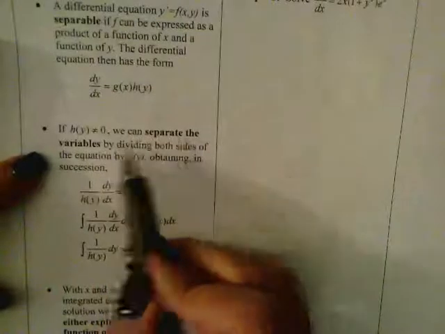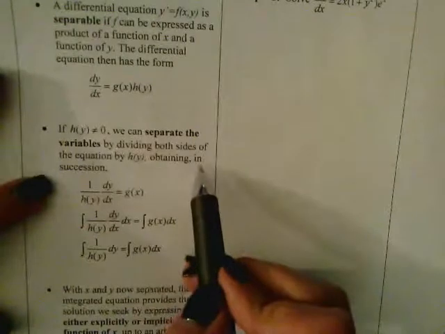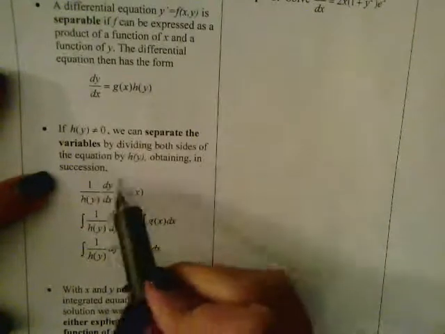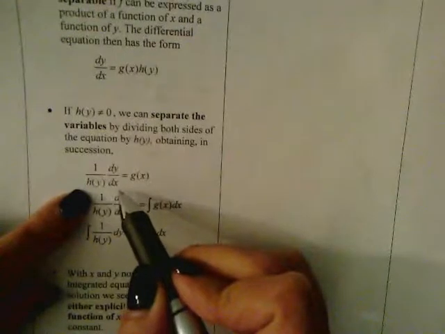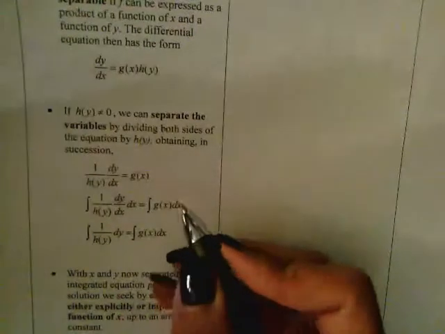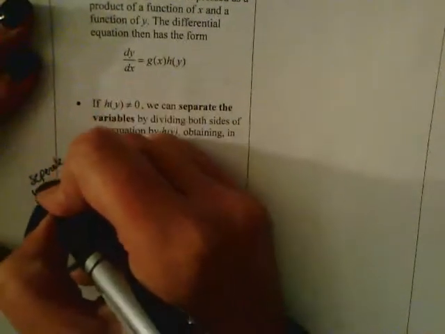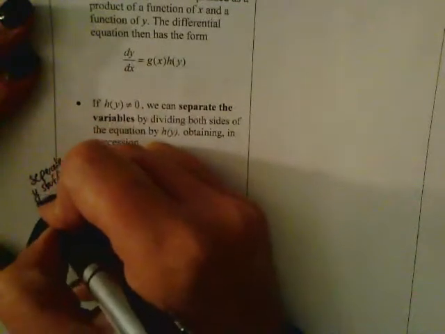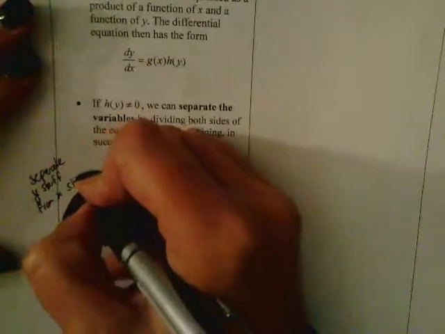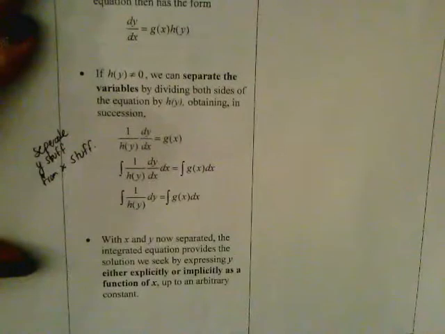We can separate the variables by dividing both sides of the equation by h of y, obtaining in succession the following. So basically the idea is to separate the y stuff from the x stuff, exactly what we were doing for the initial value problems.